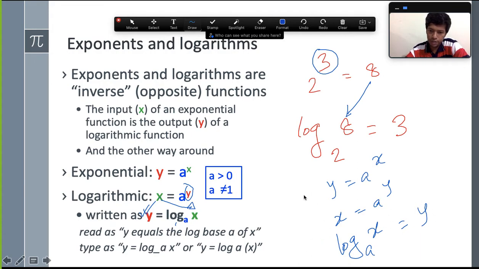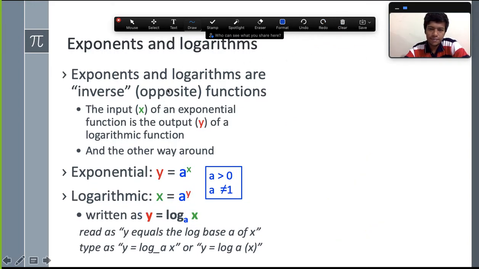This way it is more fluid. Then you can write y equals log a base x, that is also fine. And the condition, as usual, to make the function valid, we need some conditions so that we do not run into an undefined or unsolvable situation.